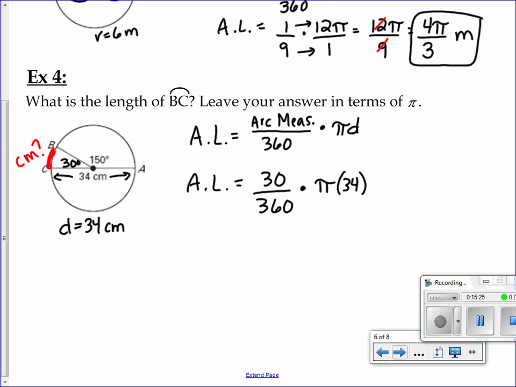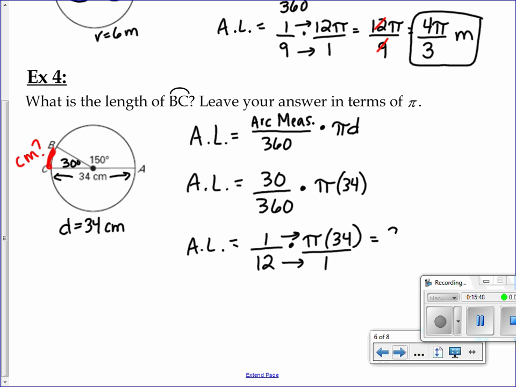Okay, so 30 over 360 can be simplified. If you take out a 30, it'll just reduce down to 1 over 12. And we're just going to multiply this with pi times 34. Put this over 1, just go straight across.